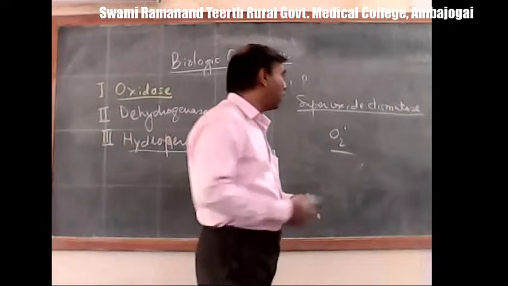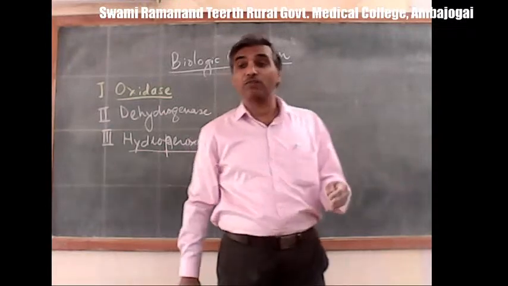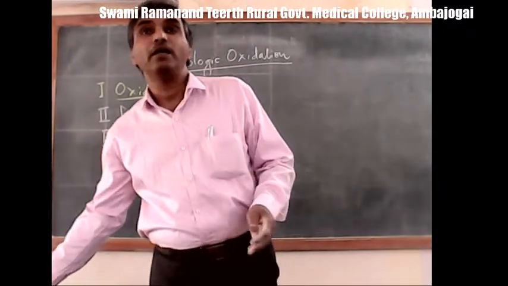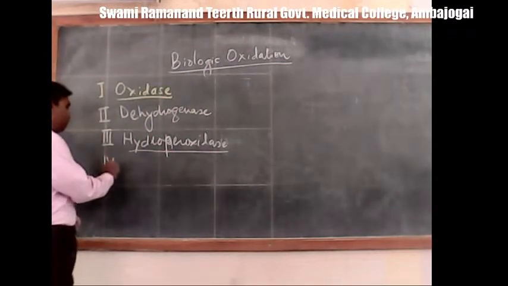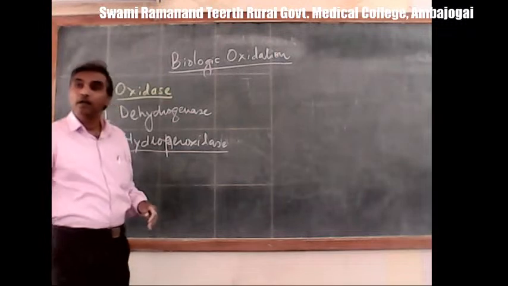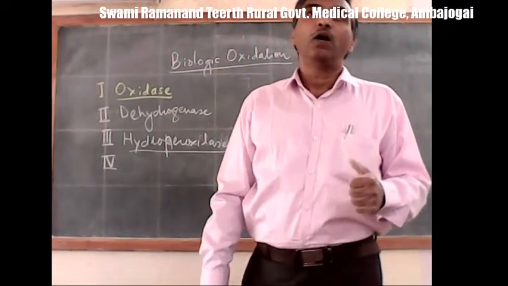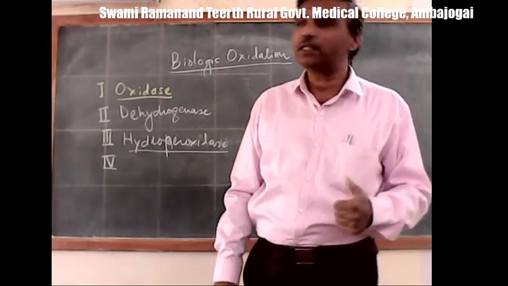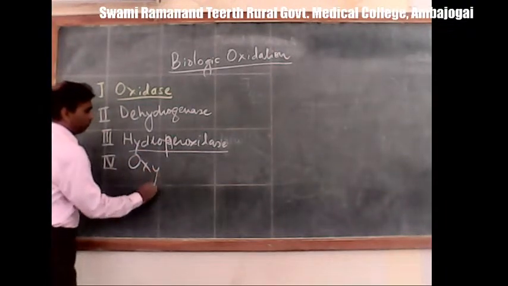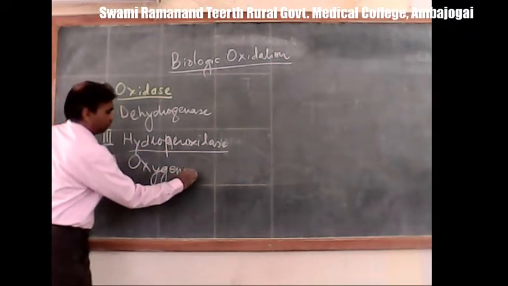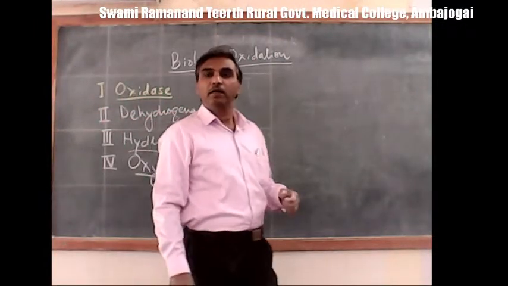So that is the third class of enzyme that we have seen in the oxidative phase. Now the fourth subclass of enzyme that is important for oxidation reduction is oxygenases.